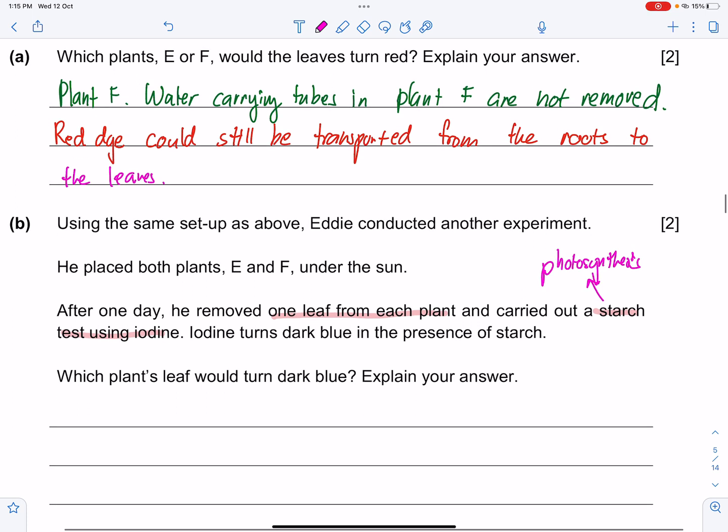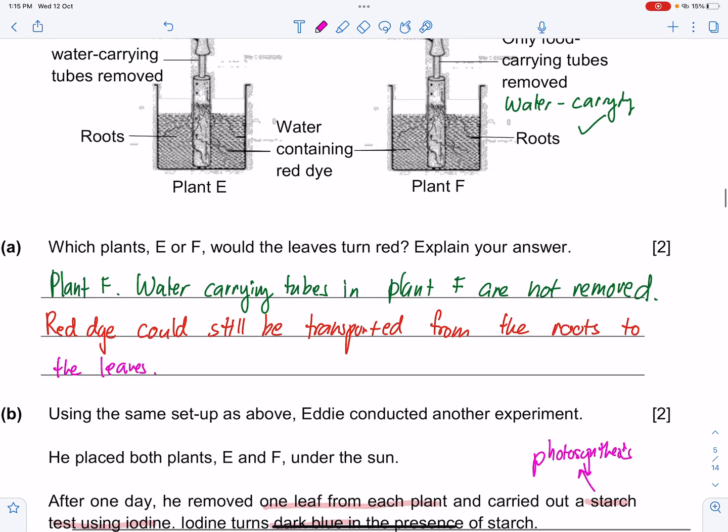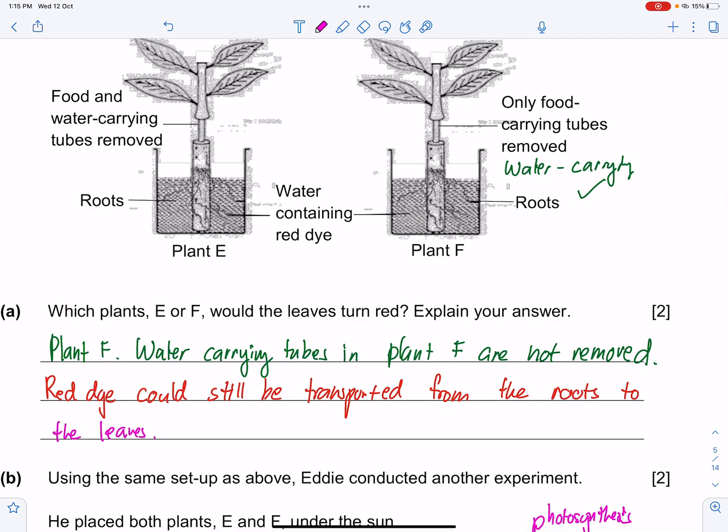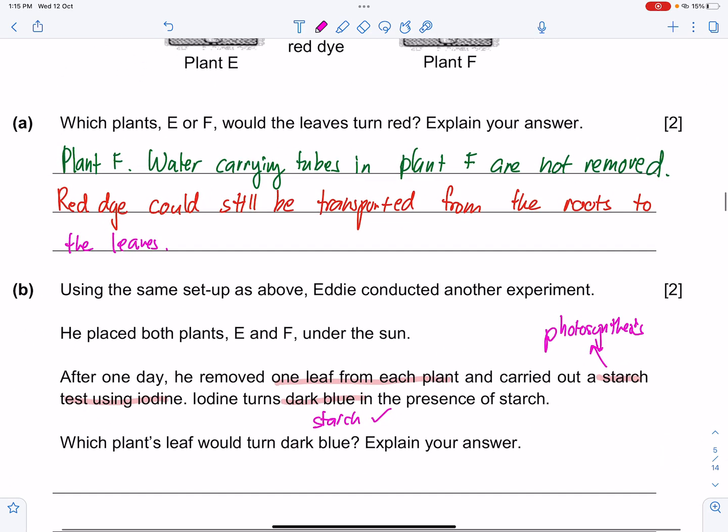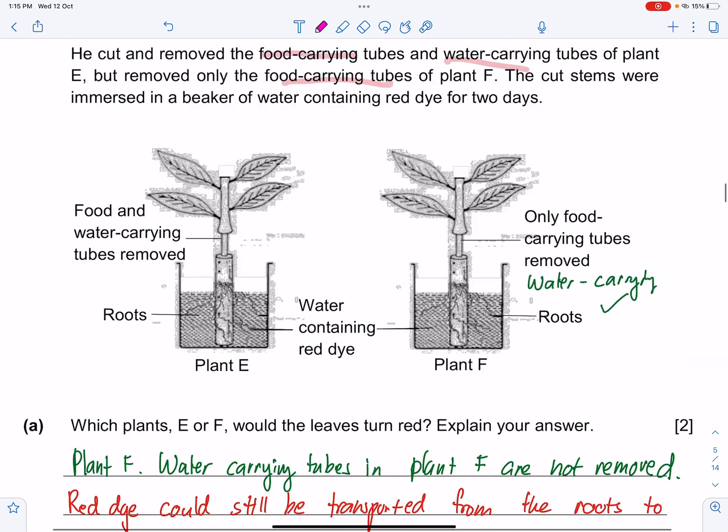because it is needed somewhere in paper one. Okay, so they tell you that iodine solution turns dark blue, that means starch is present. Which plant leaf would turn dark blue? So your answer should be plant F. Now why? Because over here, plant E, the water carrying tube is already removed.